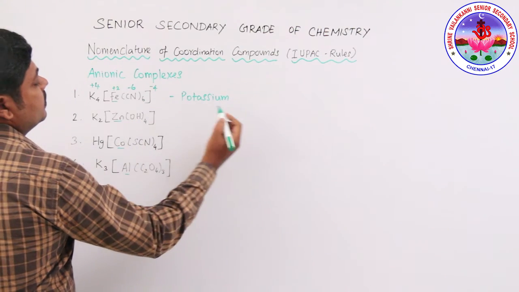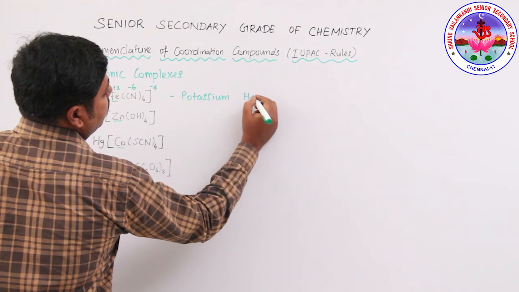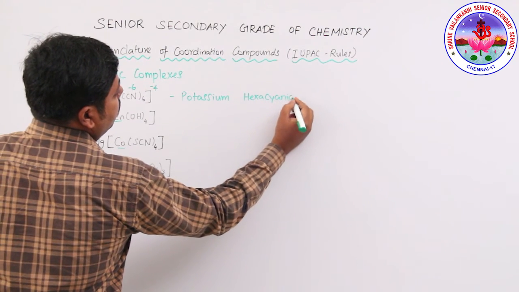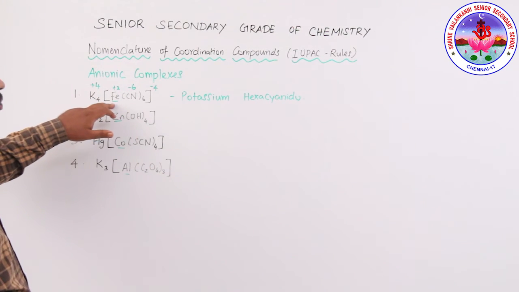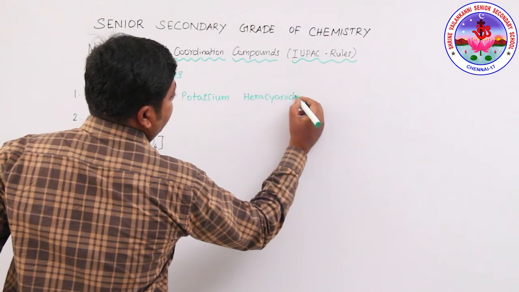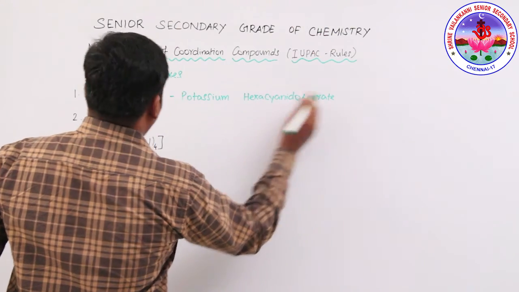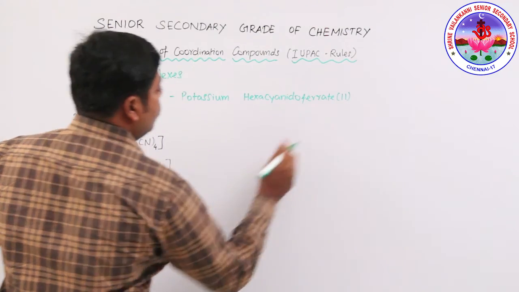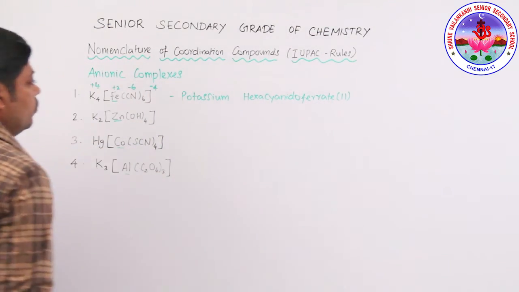So cyanide becomes hexacyanido, then you use the original name of the metal in the ion. The original word is ferrate, and the oxidation state is 2. Potassium hexacyanidoferrate(II).